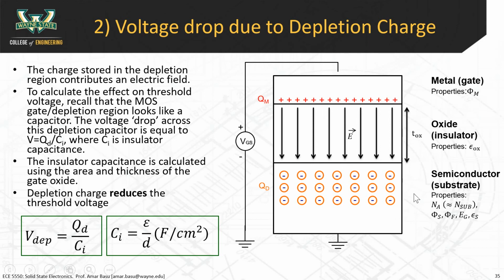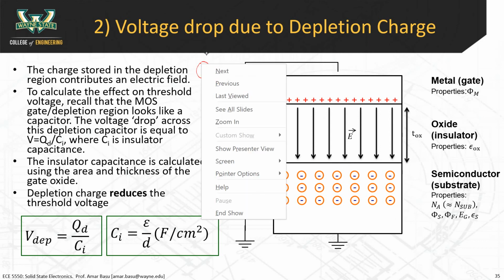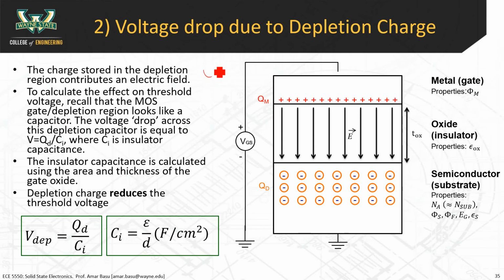The relationship for a capacitor is Q equals CV, so the voltage drop across a capacitor is equal to Q over C. And that's where this formula essentially is coming from. So Q is the amount of charge here. So it's QM and QD. They should be equal to one another because the amount of positive and negative charges are equal to each other. But keep in mind there's also a surface charge here, but we're just going to ignore that for the time being.